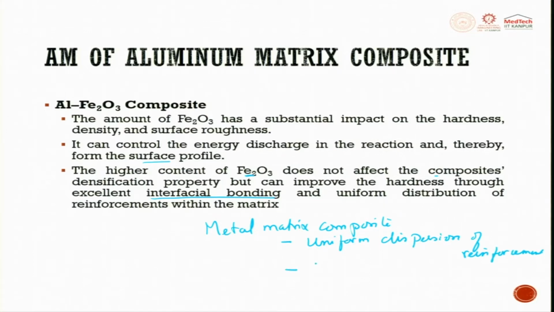The second thing is it should have good interfacial bonding. These two are very important. So if you want to have good interfacial bonding and uniform dispersion, you have to vary the laser parameters to get the required output.